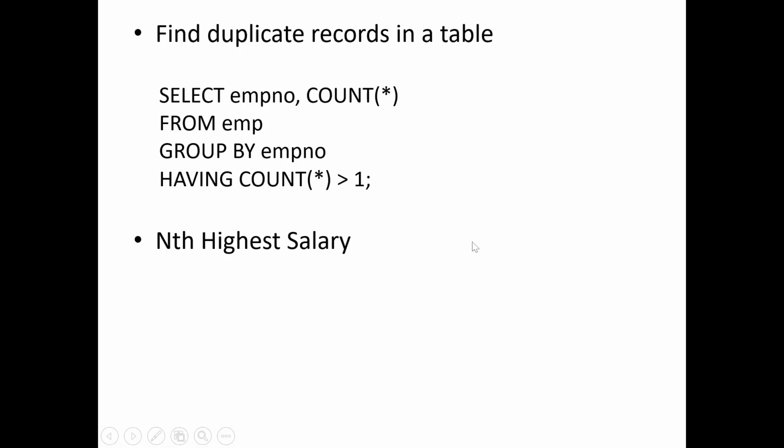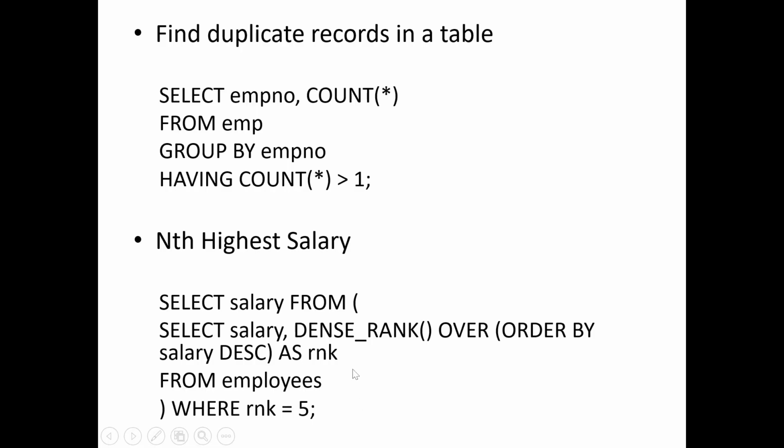Second one is Nth highest salary. Here we are using an inline view. Select salary, this one is the inline view. We are using DENSE_RANK, then ORDER BY descending order.